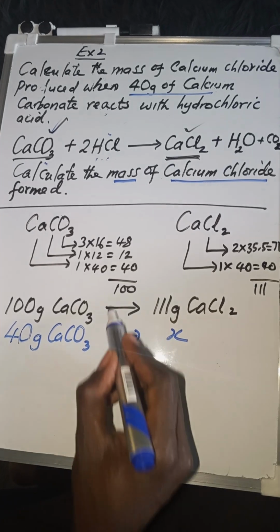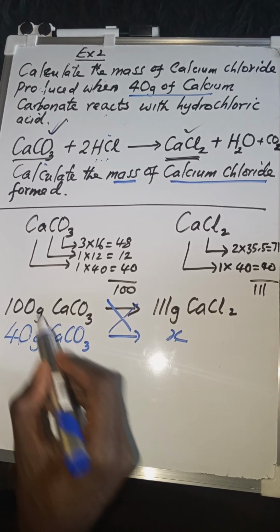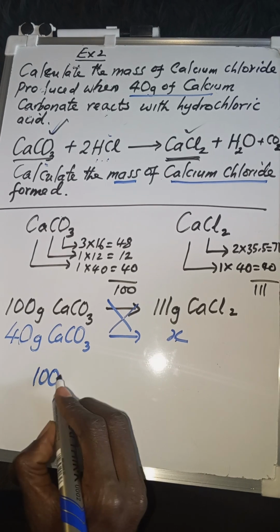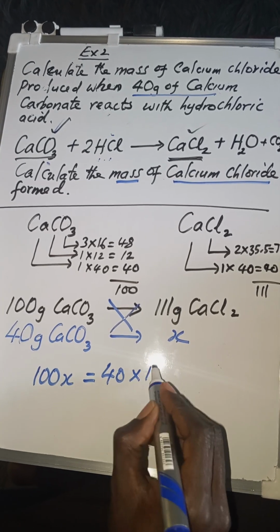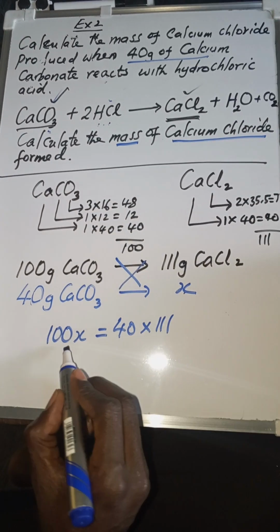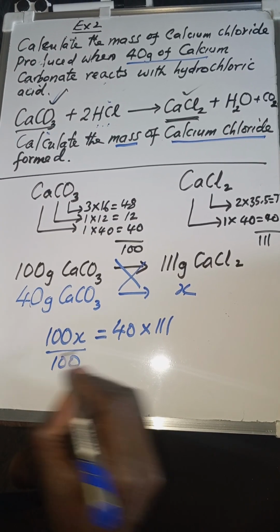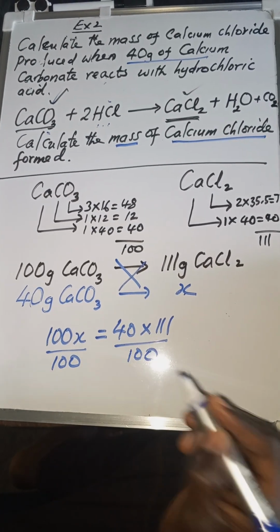We don't know, so we are going to cross multiply. This times that will give you 100x, which is equal to 40 multiplied by 111. To find x, I'll divide by 100. What I do this side, I'll do the other side.